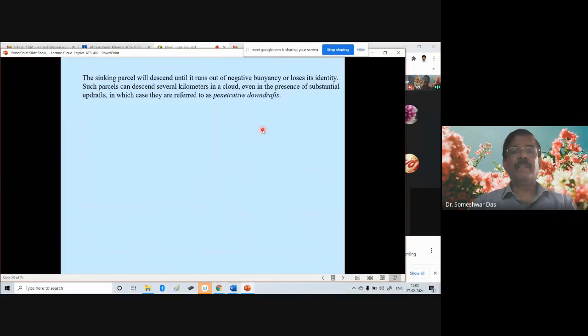The shrinking parcel will descend until it runs out of negative buoyancy or loses its identity. Such parcels can descend several kilometers in a cloud, even in the presence of substantial updraft, in which case they are referred to as penetrative downdrafts. The cooling because of the evaporation is so strong that it makes the cloud air heavy, and the weight of the raindrops, which are continuously forming and growing inside, is so great that the updrafts are unable to sustain them.